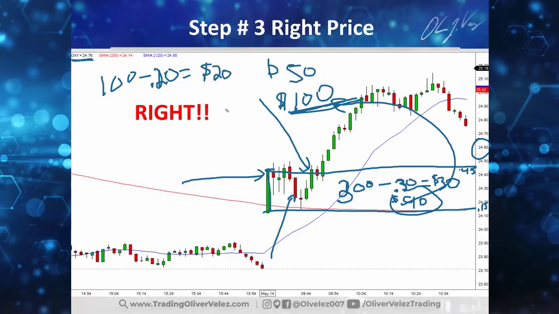Now, if their maximum loss per trade is $50, this trader can up the trade to 200 shares and try to make more money, because a $40 loss would still adhere to their maximum loss per trade of 50.